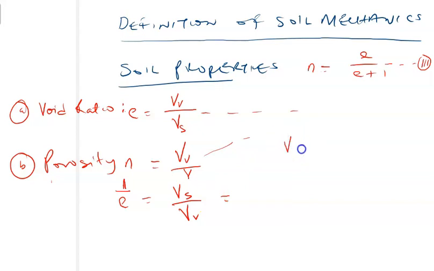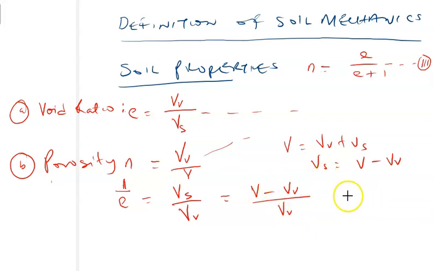Then we know that VS, the volume of solid, is equal to V minus VV, because we said that V is equal to VS plus VV. So bring it here. Now this is the same thing as V minus VV over VV. If we express this, it is V over VV minus VV over VV.